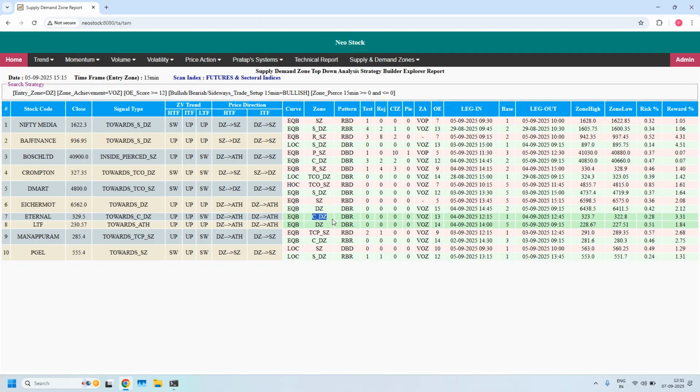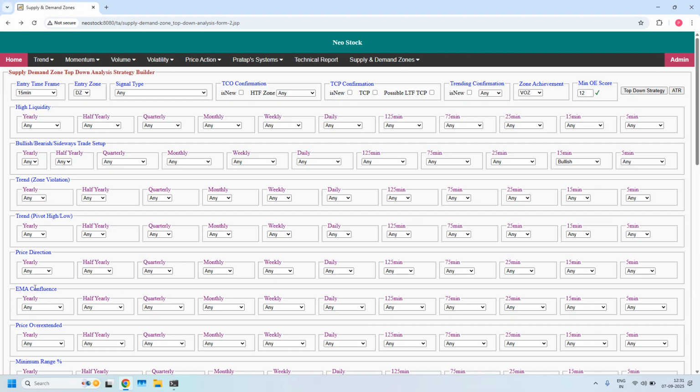Total 10 stocks. Out of these 10, let us identify high probability trade setups, 15 minutes demand zones. That we will filter based on different zone confluence and EMA confluence strategies that will land in lesson 27. First filter is the LTF and ITF demand zone confluence.